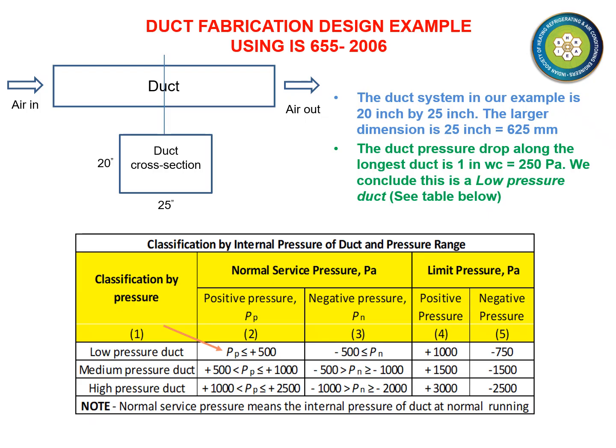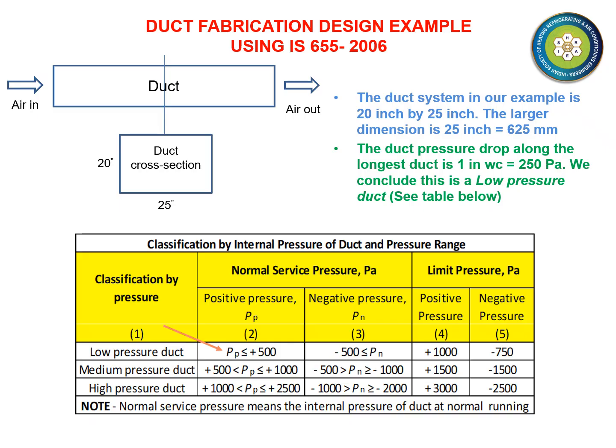Here's an example of a duct system using rectangular ducts of 20 inch by 25 inch. The larger dimension is 25 inch or 625 millimeter. The duct pressure drop in the critical path is 1 inch water column or 250 pascals.